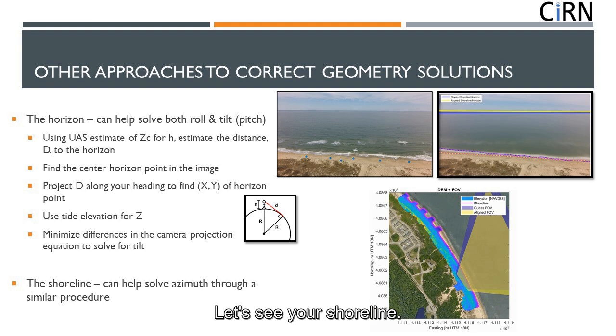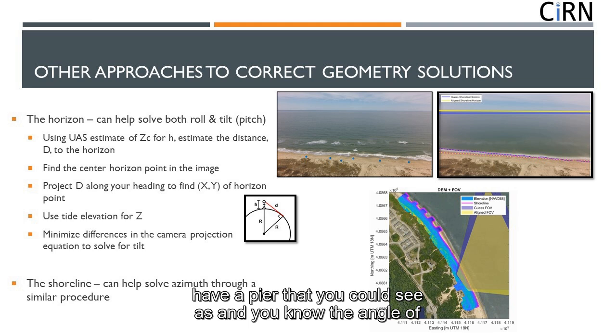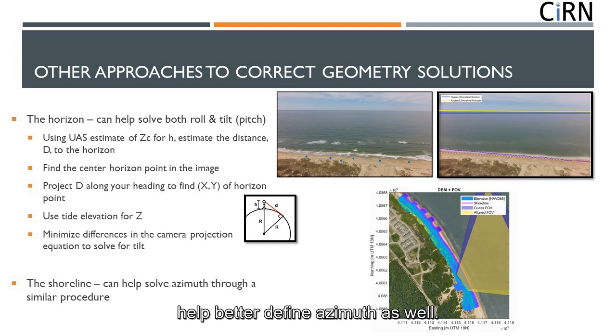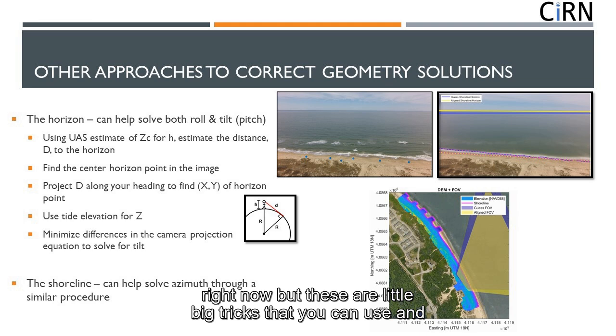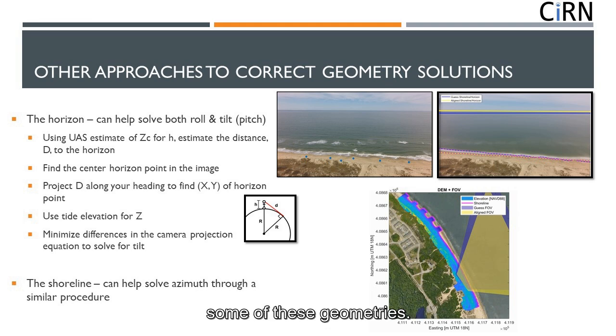You could also use a feature like your shoreline, or if you have a pier that you can see and you know the angle of your shoreline or of that pier, you could use that to help better define azimuth as well. These are things that are not programmed into the toolbox right now, but they are little tricks you can use and investigate if you find yourself getting poor solutions to some of these geometries.